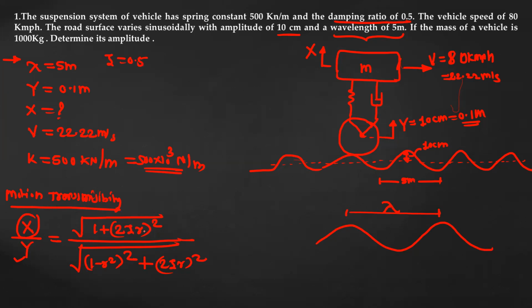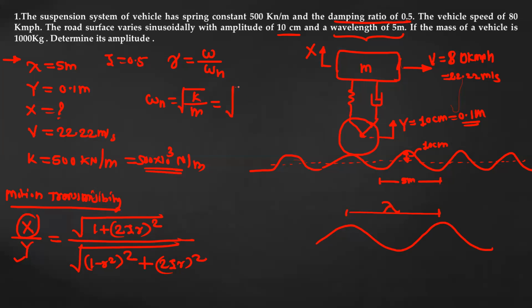But the r value is not given. Okay, so what is the r value? It is the frequency ratio, omega upon omega n. The omega n value is nothing but the square root of k upon m, where m is the mass of the automobile, that is the mass of the chassis including the rider.